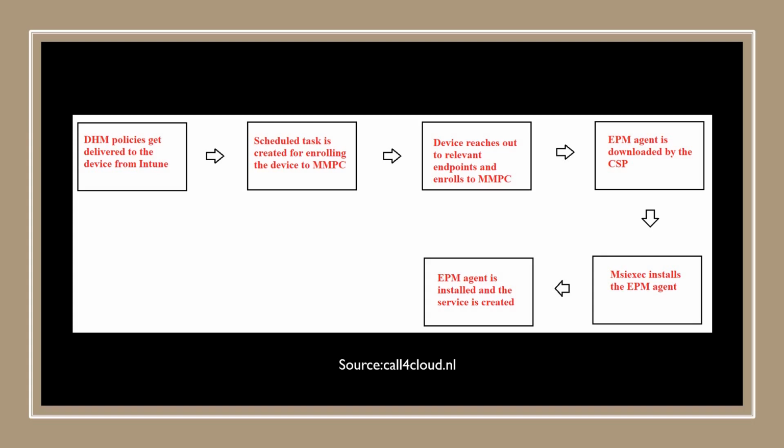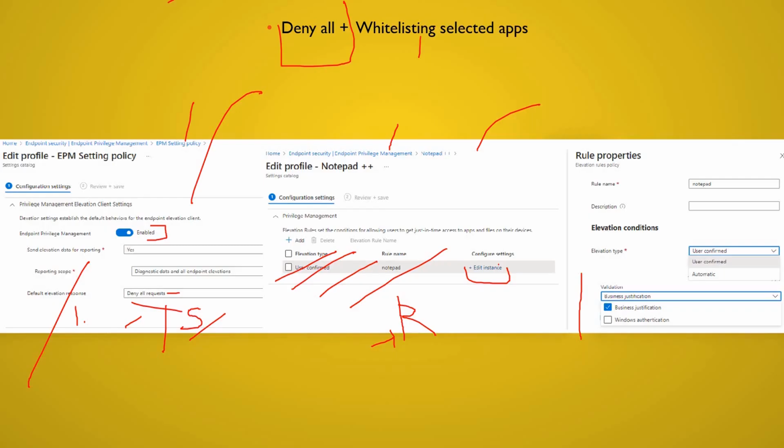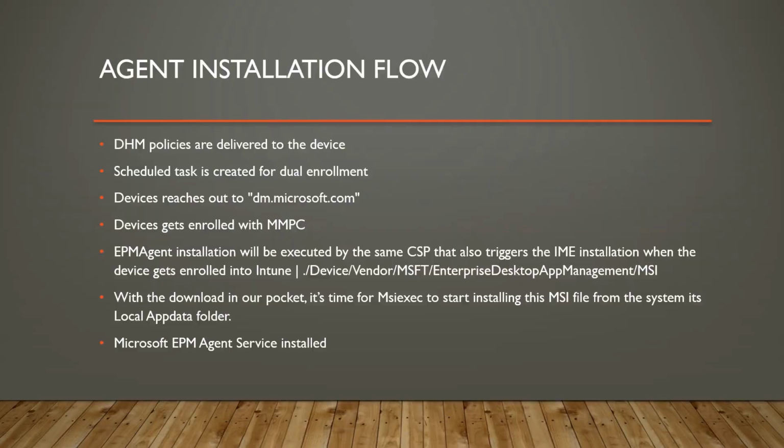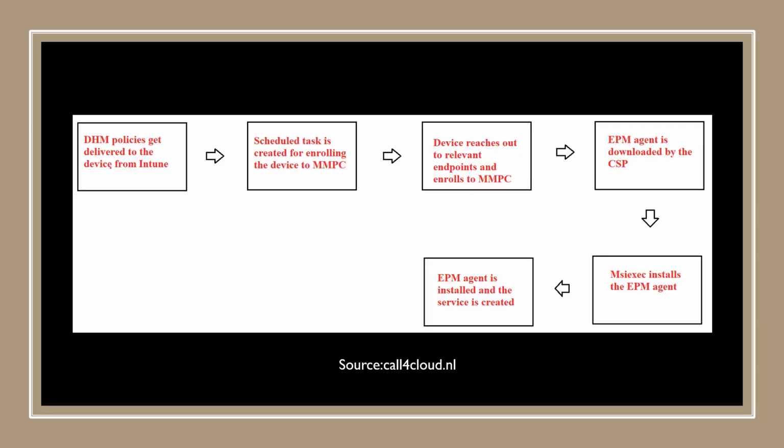So I'm going to reference this diagram, which explains how exactly the EPM agent is getting installed in the device. The very first thing that happens, when we have made this policy and deployed it to the device, is that the device health monitoring policy gets delivered to the device from Intune. After that, a scheduled task gets created.